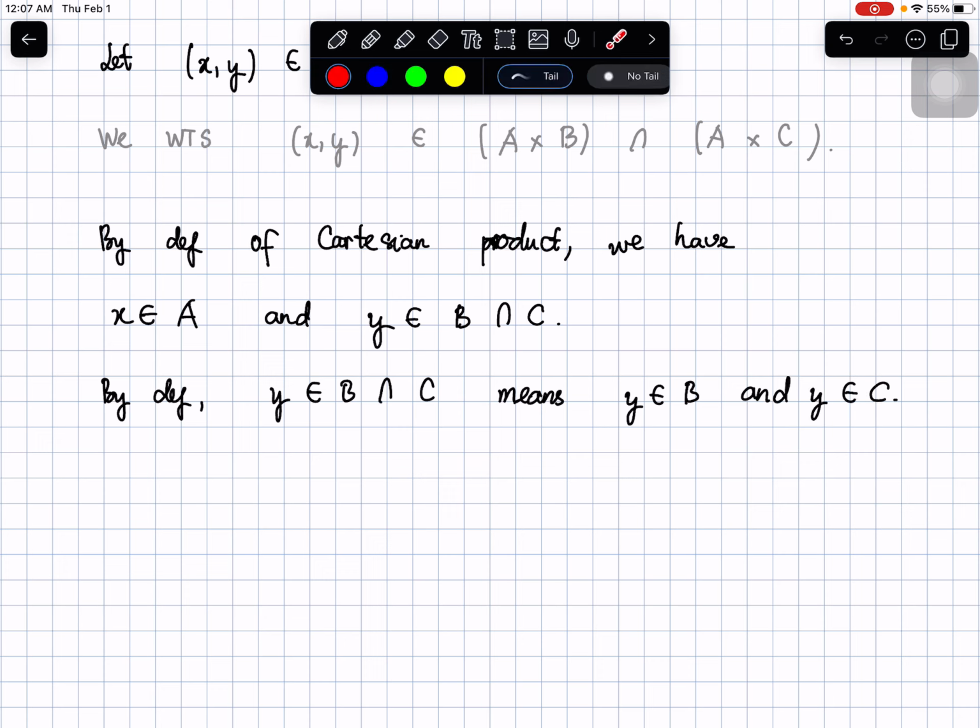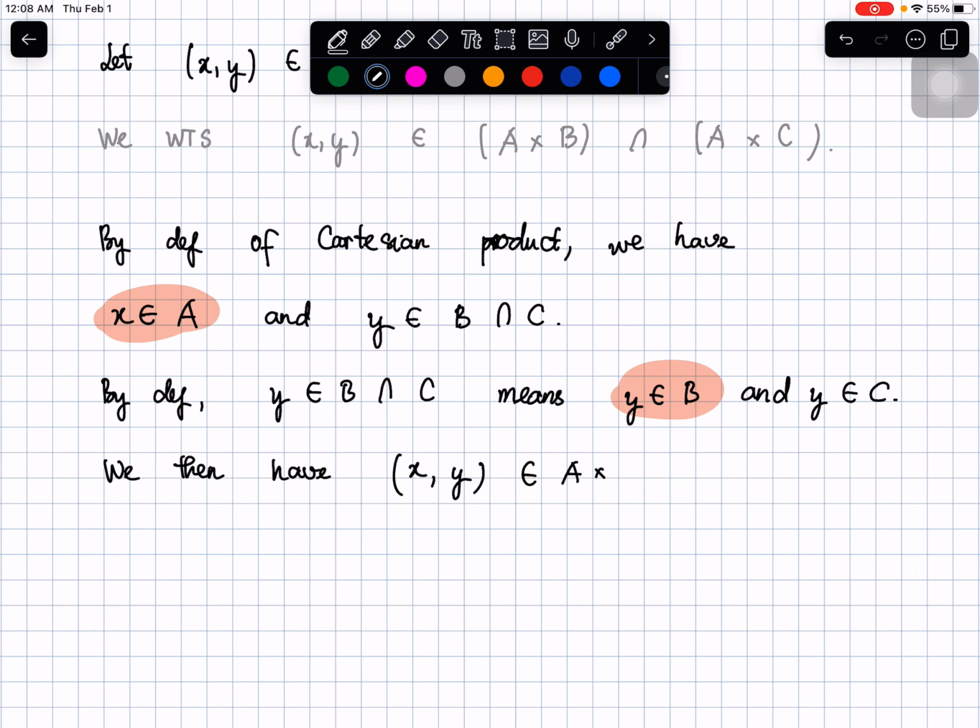So now we have this. x in A, y in B. What does that mean? By definition, we then have x comma y is an element in A cross B. Does that make sense to you? x is an element of A, y is an element of B, and therefore x comma y is an element of the Cartesian product of A and B, by definition of Cartesian product.